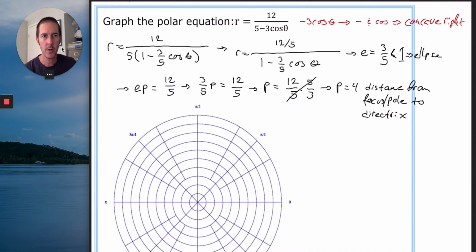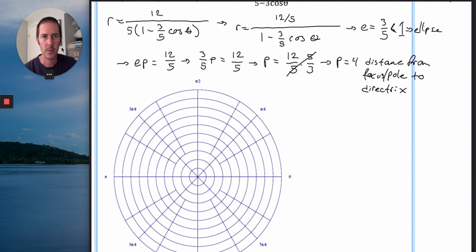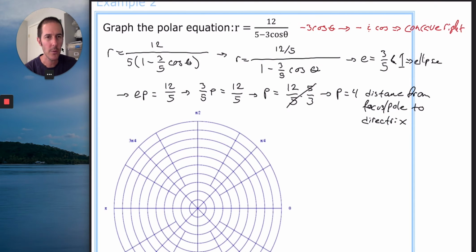Let's go down here onto our graph and start putting some of these components in place. You could also put, if you wanted to try to fit it in here, you could, otherwise we'll see it on the graph. The directrix we saw had an equation immediately of x equals -p, which equals -3.